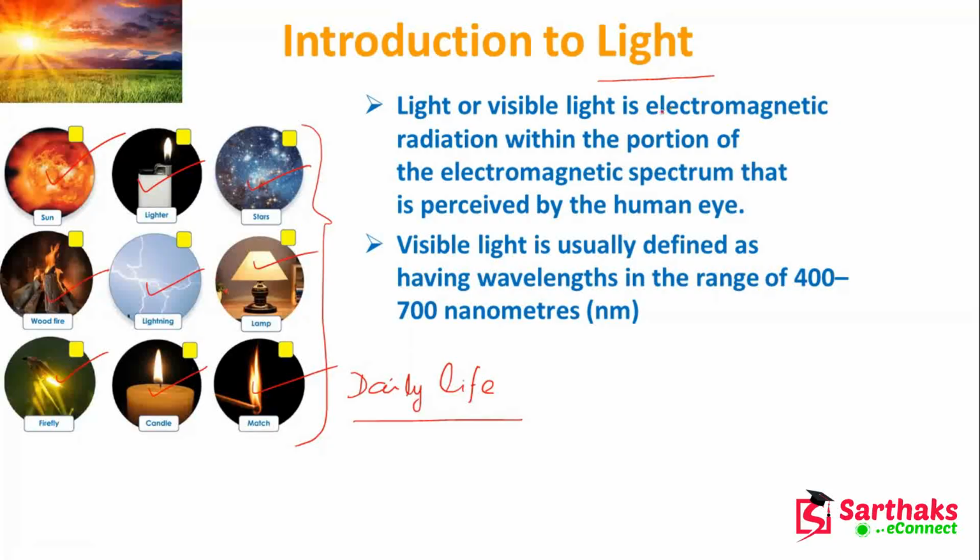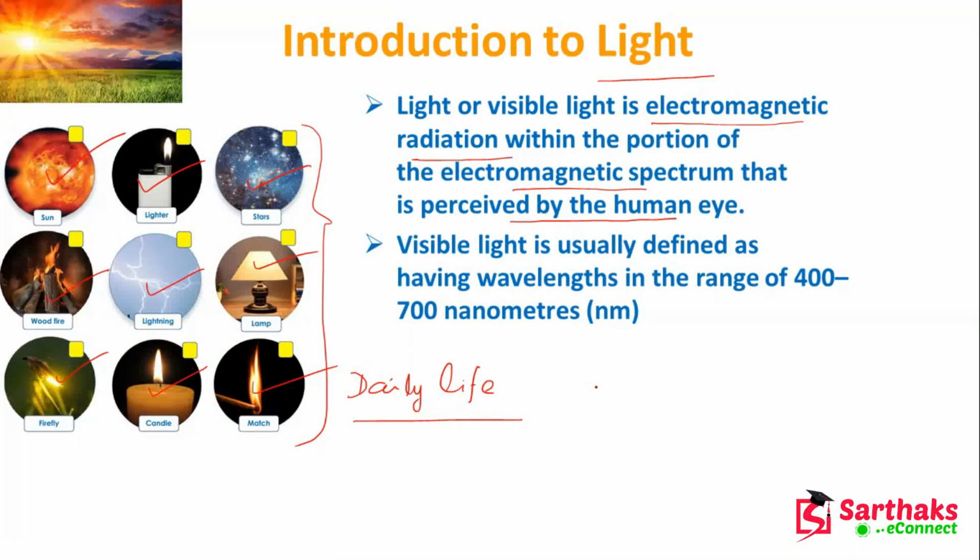Okay, so what is light? Here, light or visible light is an electromagnetic radiation within the portion of electromagnetic spectrum that is perceived by the human eye. So beyond the human eye, we will discuss what is the visible spectrum.